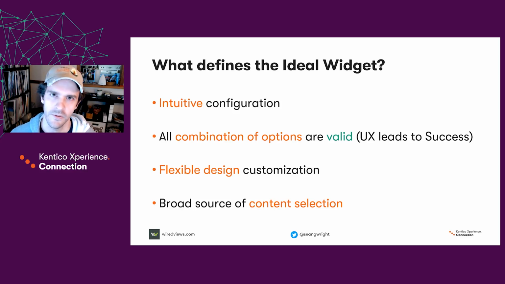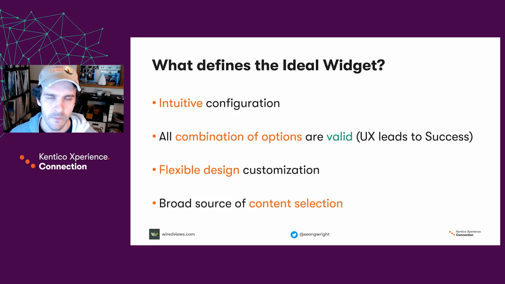And notice that these are all constraints. Some of these are content management constraints. So like intuitive configuration. We want something that a content manager is going to focus on. We also want flexible design customization.